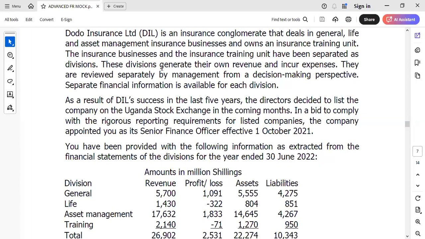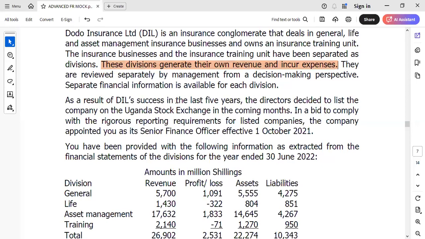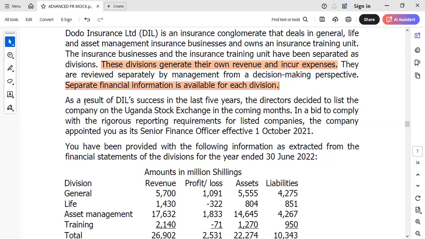These divisions generate their own revenue and incur expenses. This is something to note, especially when you're handling this standard. They are reviewed separately by management from a decision-making perspective. Separate financial information is available for each division. Also, this is something you need to note when you're dealing with this standard.